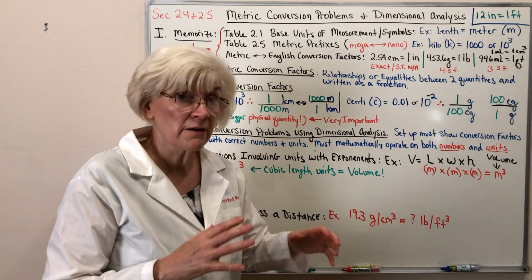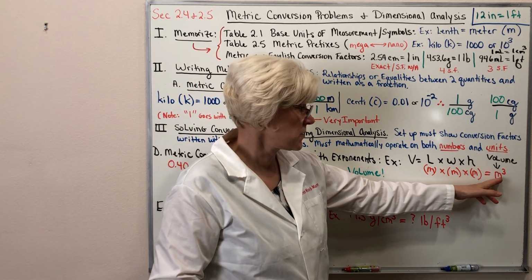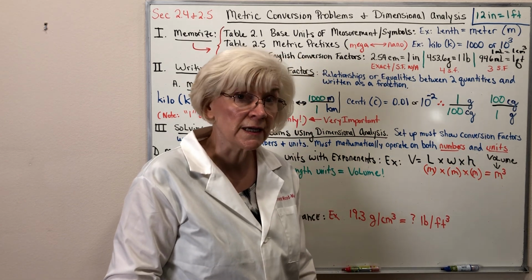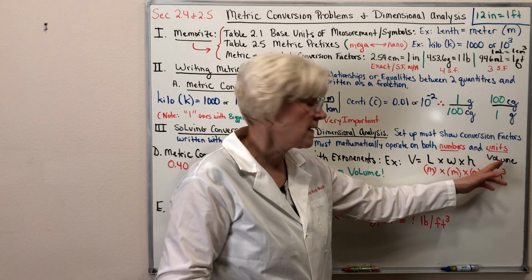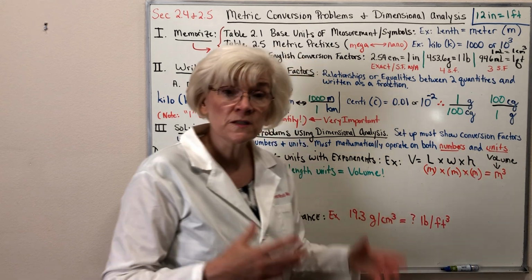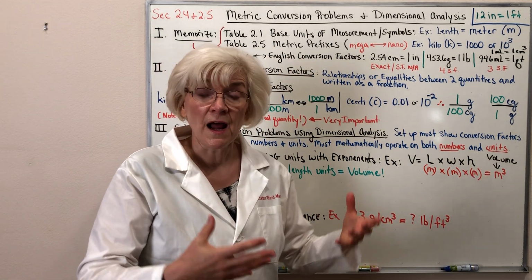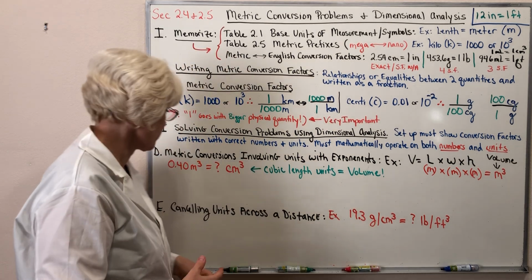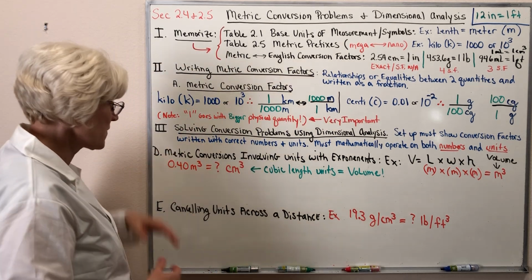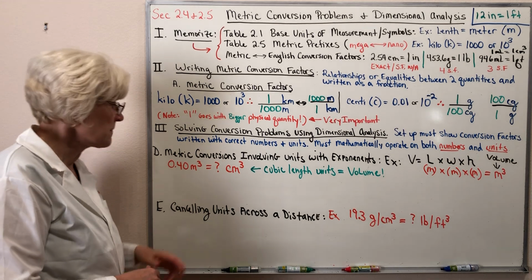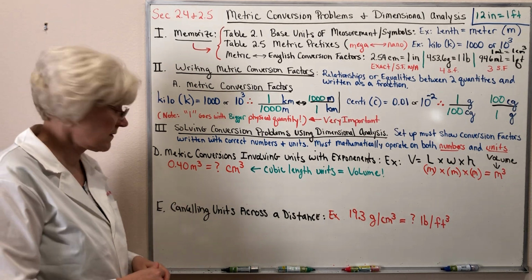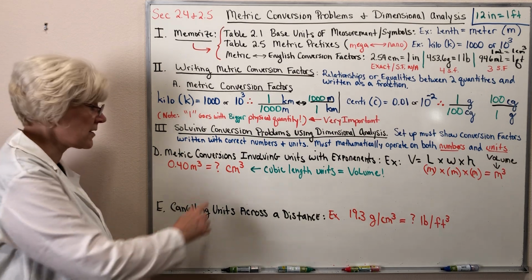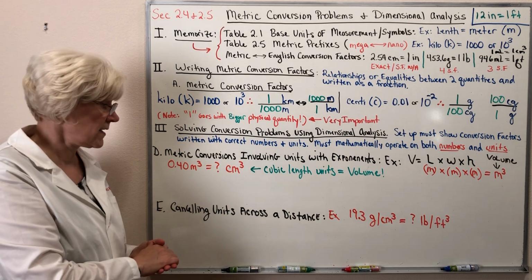So it is very important that you recognize whenever you see a length unit raised to the exponent of 3, cubic length is a volume, a measurement of the space occupied by that particular object. So here is our 4th example of metric conversions involving cubic length. And I'm asking you to convert 0.4 cubic meters into cubic centimeters.